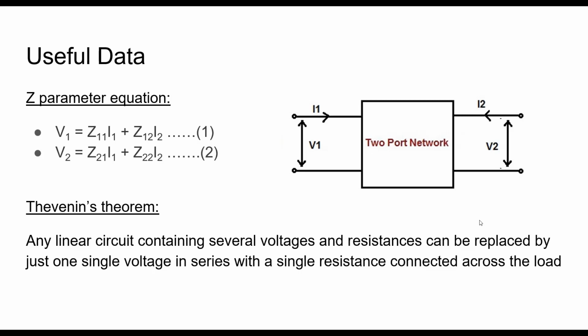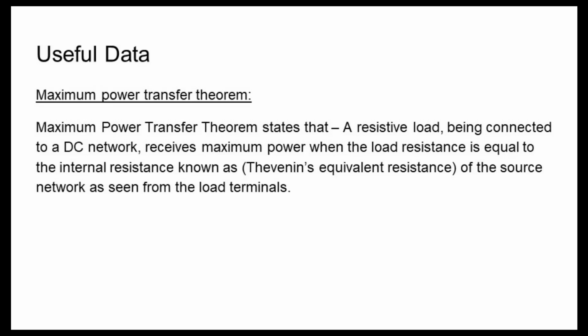For maximum power to be transferred to the load, the source's impedance must be the same as the load's impedance. Only then will maximum power be transferred to the load. Therefore, when we adjust the load impedance to the value of the Thevenin equivalent impedance, we will be able to transfer maximum power to the load. We are going to make use of these concepts to solve this problem.